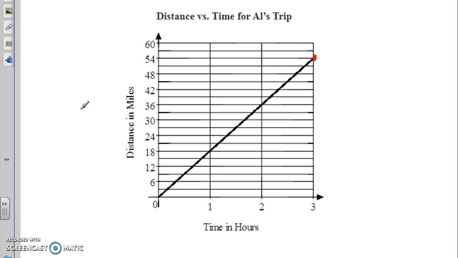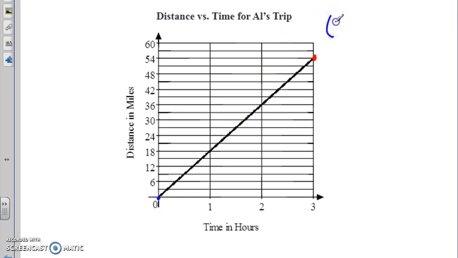Letter C, what is Al's average speed in miles per hour for the time interval 0 to 3? Okay, so this is the first one where we're going to use that formula that we had on the previous page. So what you do is you find your coordinates. The question asks, what is the speed from 0 to 3? So I go to 0. At 0 hours, Al's distance is 0.